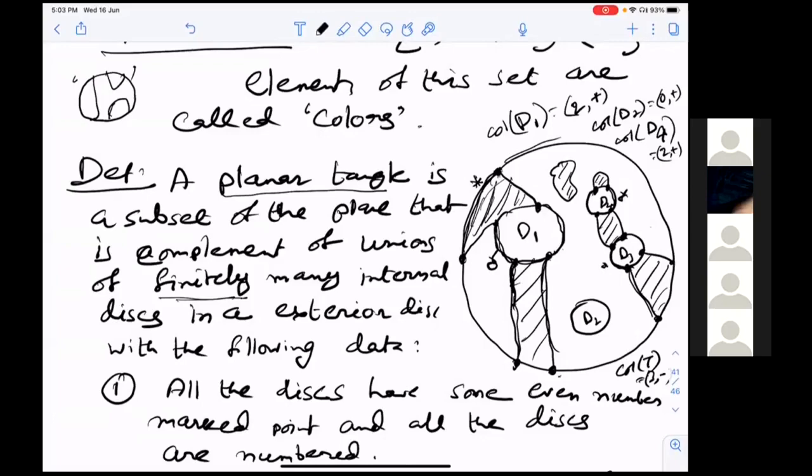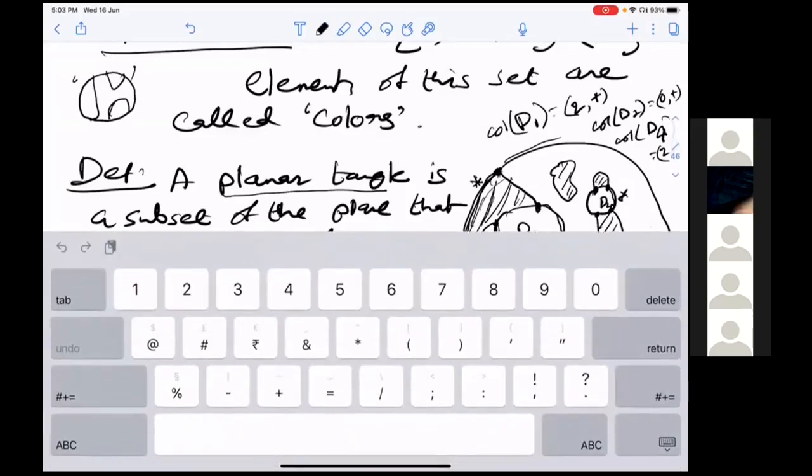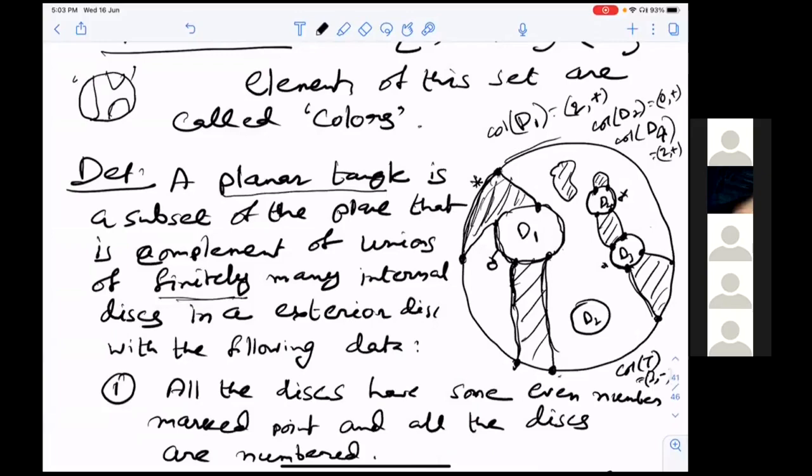The planar tangle is the subset of the plane which is the complement of the union of the interiors of the inner disks. If there is only one inner disk, then it is an annular region. Here there are 4 internal disks, so the complement of all the internal disks inside the external disk is the planar tangle, with some additional data.